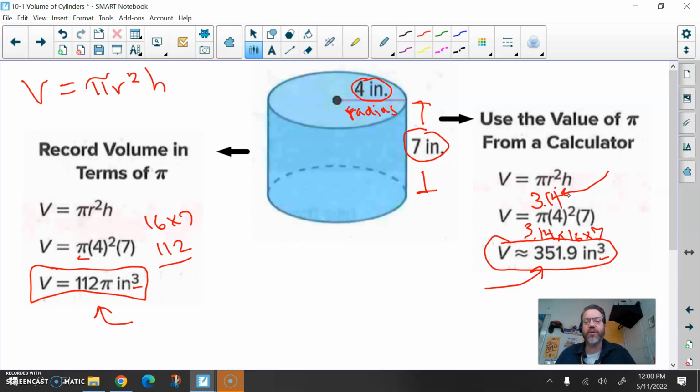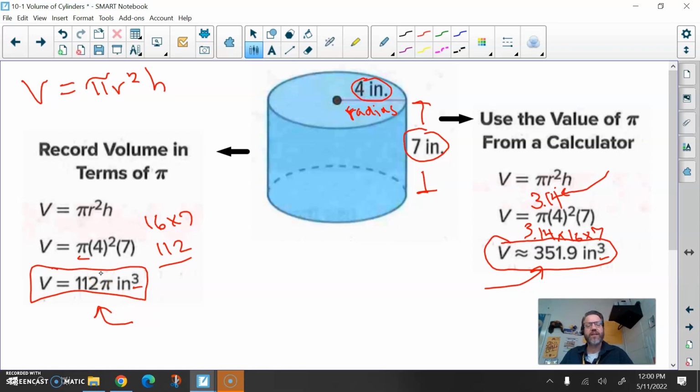The decimals keep going on and on and on. So the second you round to something, like in this case 3.14, you're going to get an approximation of the volume. Okay? So this over here, giving it in terms of pi, is actually the most precise way to give the volume because we are not rounding anything that we're putting in place of the pi.